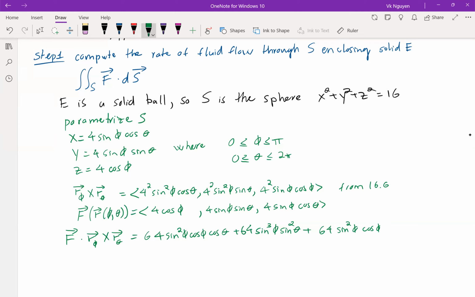Oh, we can add them up. 64 plus 64 is 128. Sine squared phi cosine phi cosine theta plus 64 sine to the power 3 phi sine squared theta.